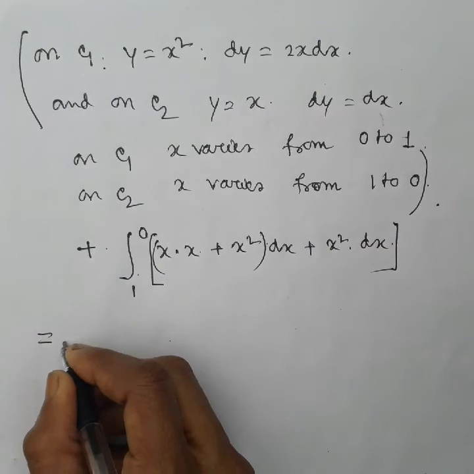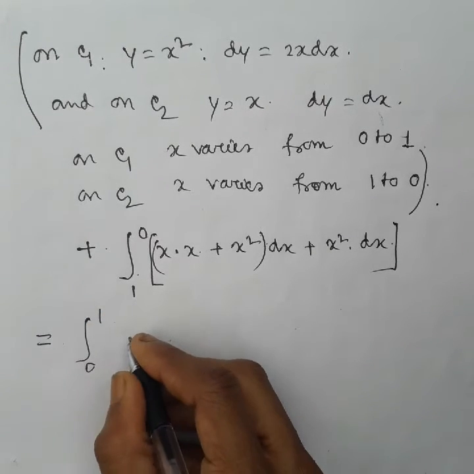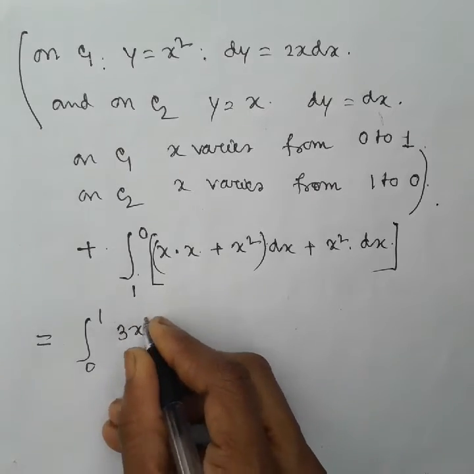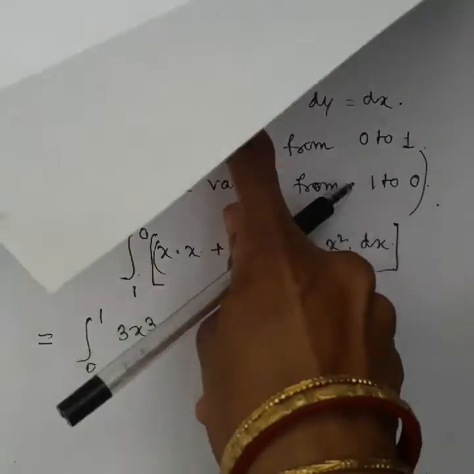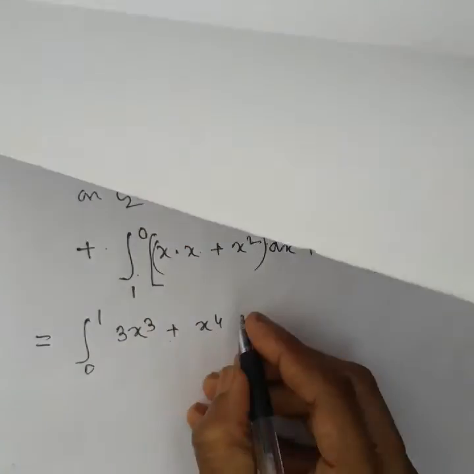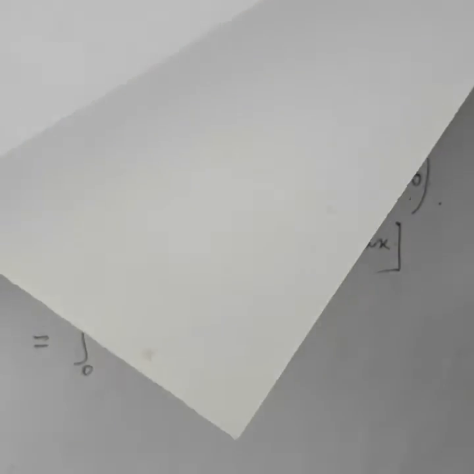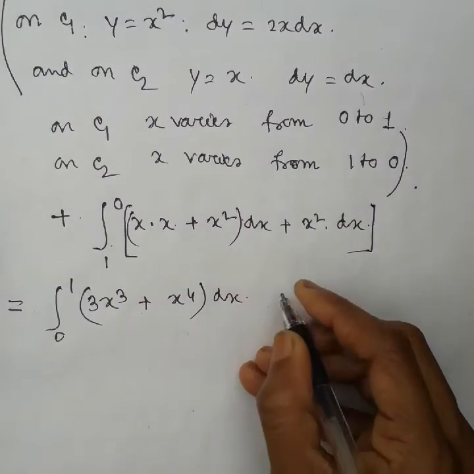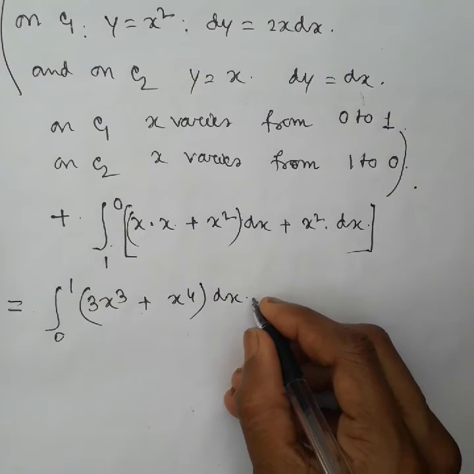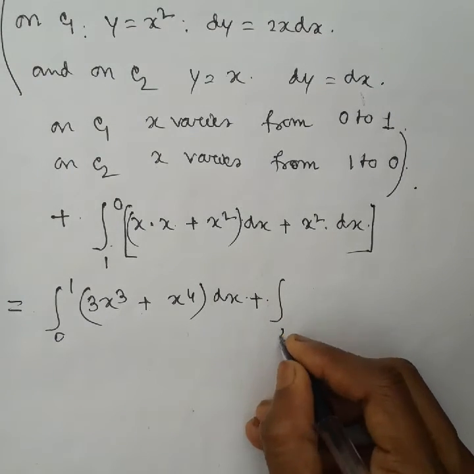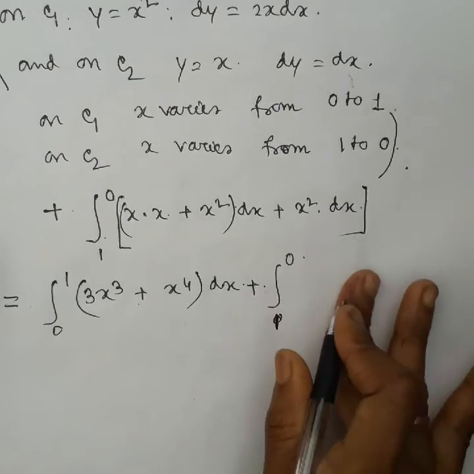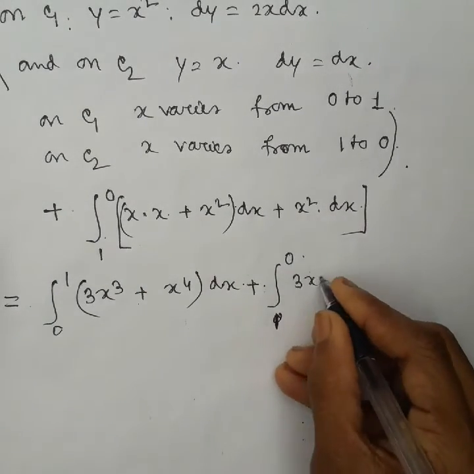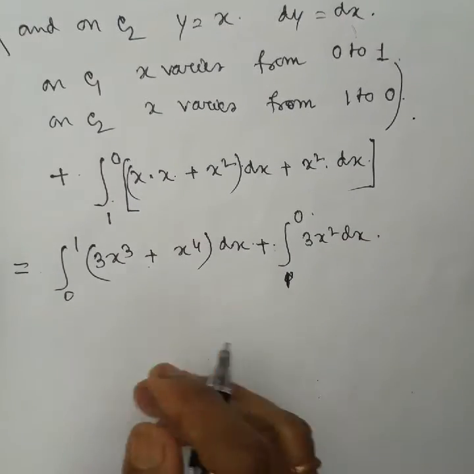So that means it is from 0 to 1 of 3x cube plus x to the power 4 dx, plus from 1 to 0 of x square plus x square plus x square, that means 3x square dx.